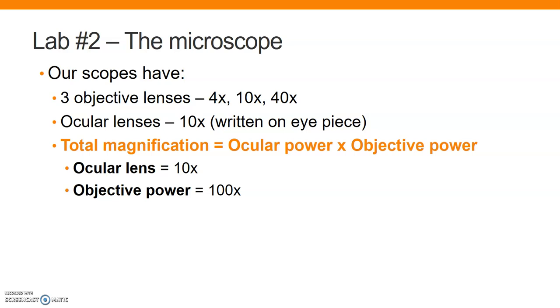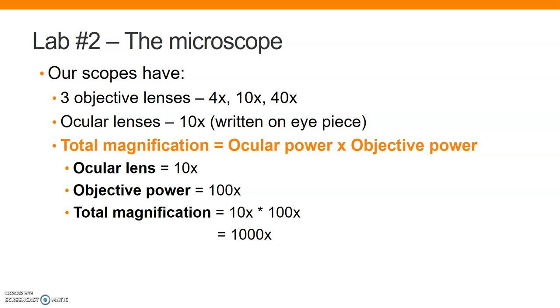10 times 4. So if we use the example of ocular lenses being 10x and the objective power being 100x, in order to figure out our total magnification, all we have to do is multiply the 10x of our oculars times the 100x of our objective, which means we are looking at something at 1,000 times what we would see with the naked eye, right?